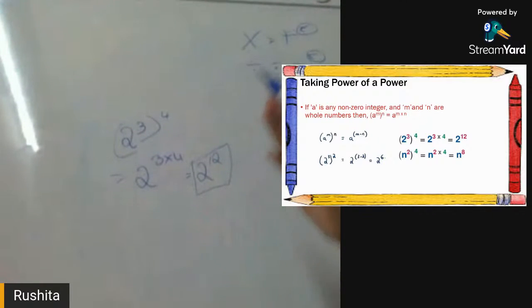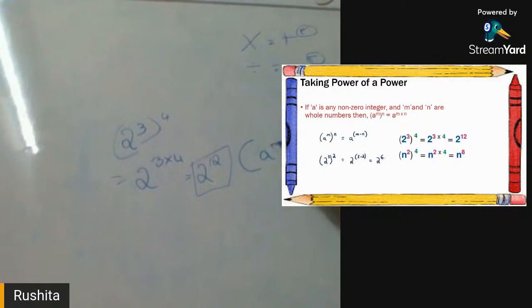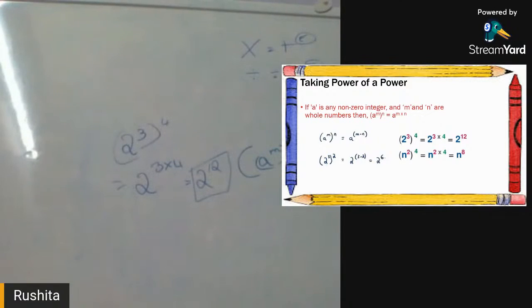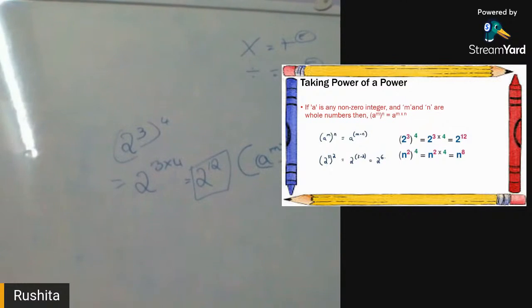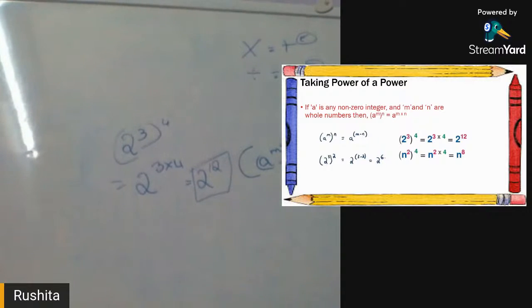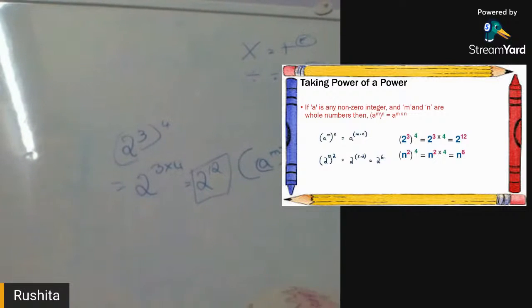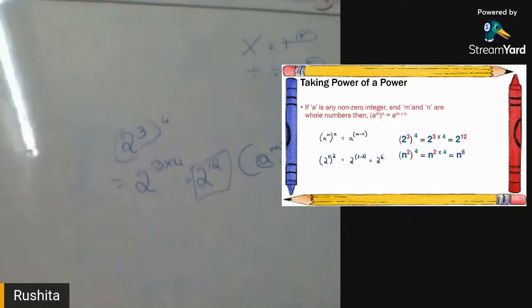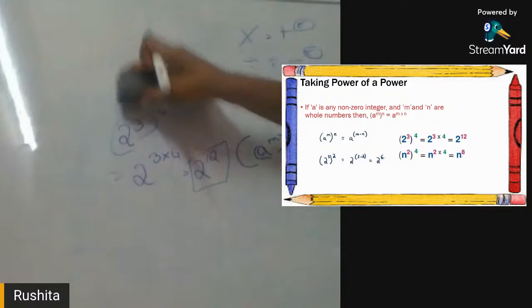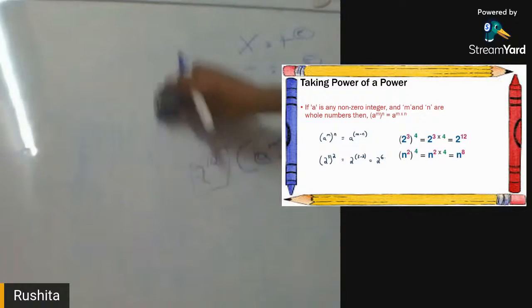And don't forget to write the formula, which is this one. Understood? Yes, we have 30 more minutes, so the other three will be explained in this time.